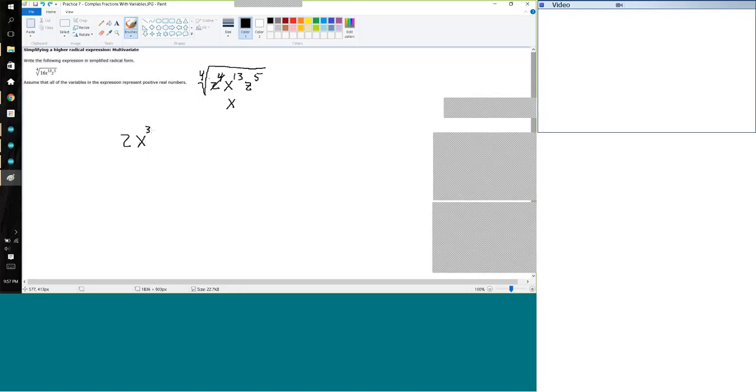So I'm going to pull x to the 3rd out. That one's dealt with. 5 divides by 4 1 time with a remainder of 1. So that leaves me 1 g outside. And now I've got this 4th root of xg. Any questions?